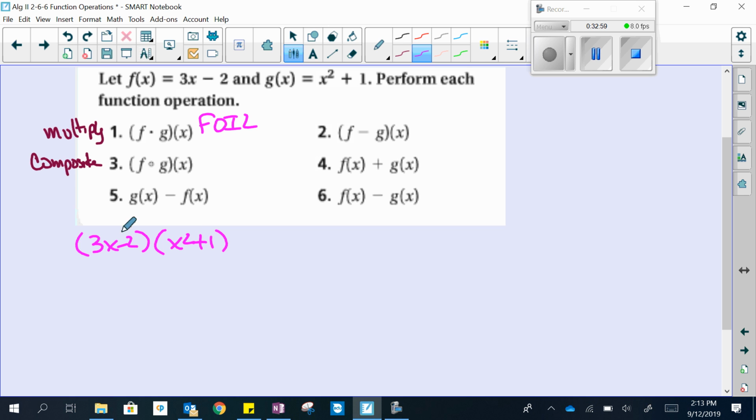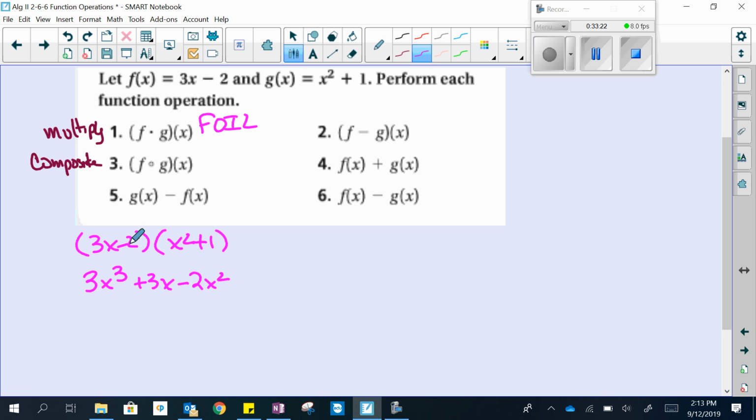So first times first, 3x times x squared, what is that? To the third. Very good. 3x times x squared is 3x to the third power. Outer is 3x times 1. What's that? And then inner is negative 2 times x squared.